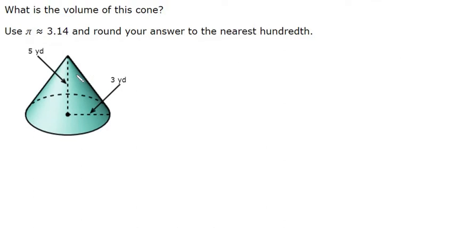Let's start with this one. We're going to use pi as 3.14. Let's write the formula first. The volume is equal to pi times r squared times h divided by 3. So what is r?